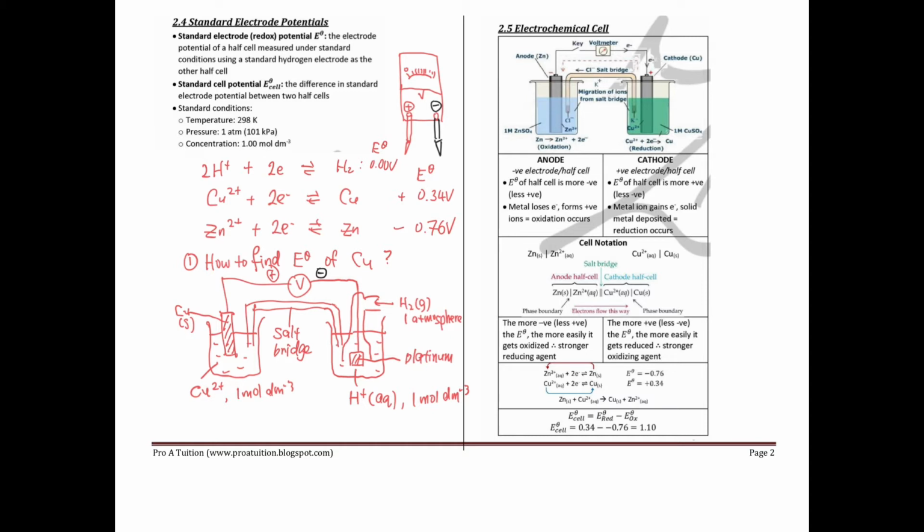So we follow this concept. 0.34 and 0.00 volt, so we know that copper is more positive, so it goes forward. For the standard hydrogen cell, this is 0, so it is more negative, so it goes backwards.